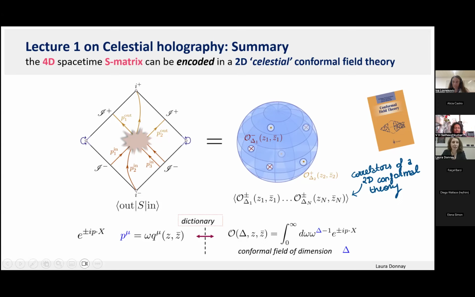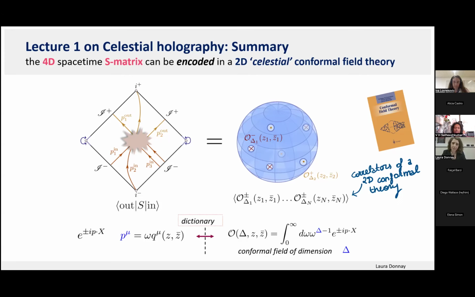So the word celestial, again, is there to emphasize 2 things. The first aspect is that it's supposed to be living on the 2-dimensional Euclidean sphere at infinity, which is called the celestial sphere. So it's the Riemann sphere, the projective null cone, CP1, you name it. This is what the celestial sphere is.